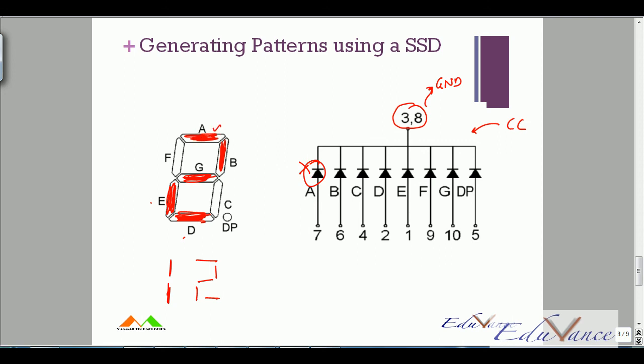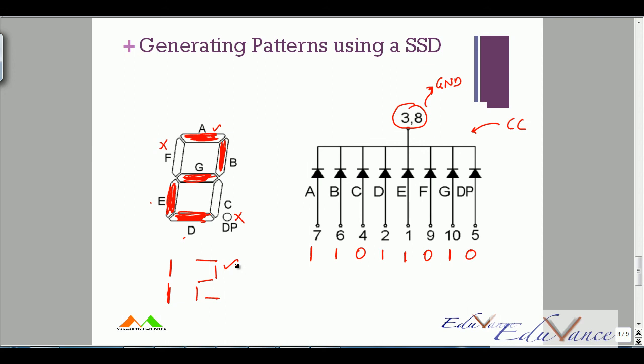So hence now A would be 1, B would be 1, C would be 0, D would be 1, E would be 1, F is off, hence F would be 0, G has to be on, hence G would be 1. I choose not to glow my display point, so hence display point would be 0. So that would glow my number 2.